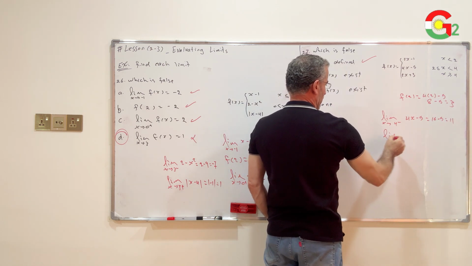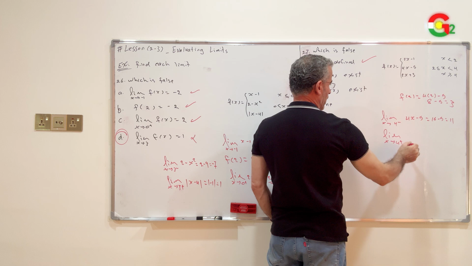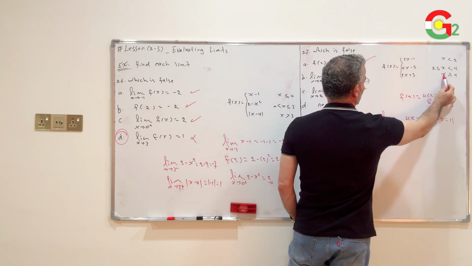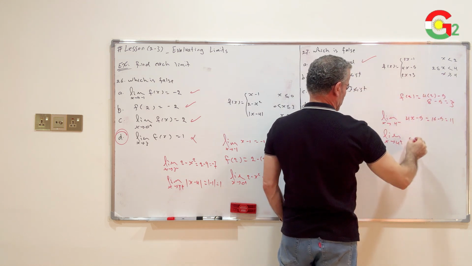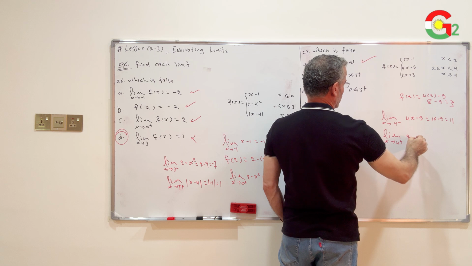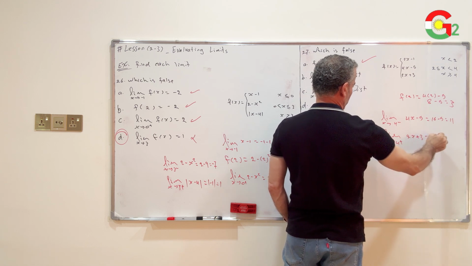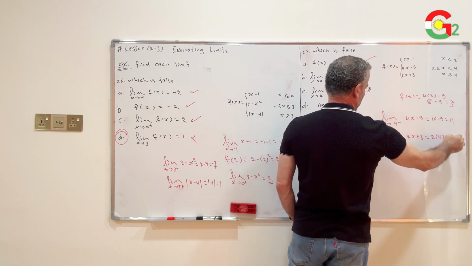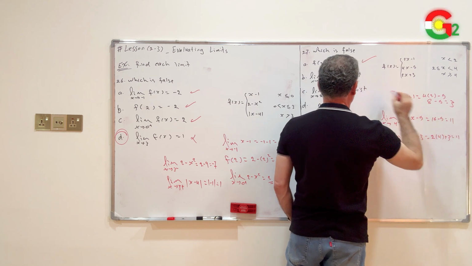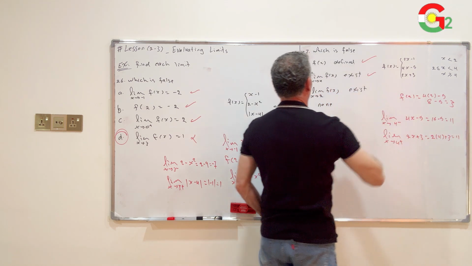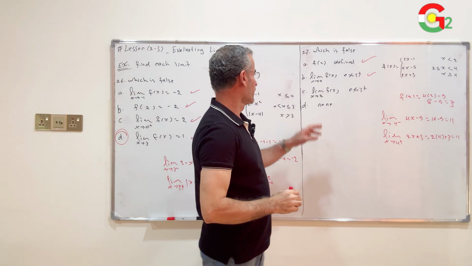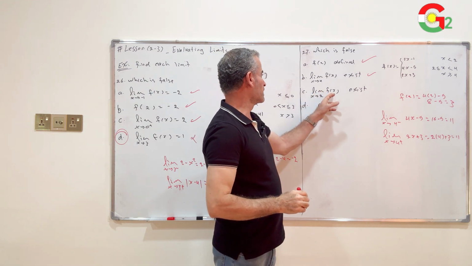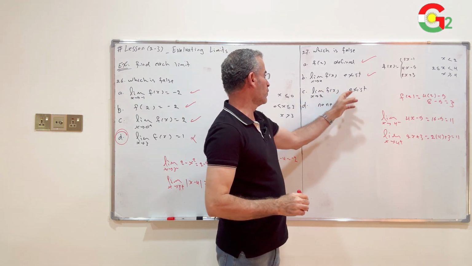When x approaches 4 from right, it means x greater than 4, then I substitute here 2x plus 3 equals 2 times 4 plus 3, 8 plus 3, it is 11. Then the limit exists.